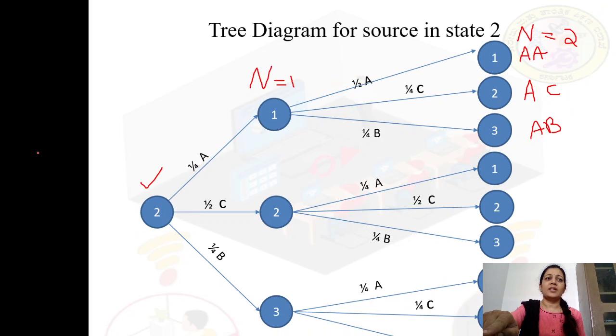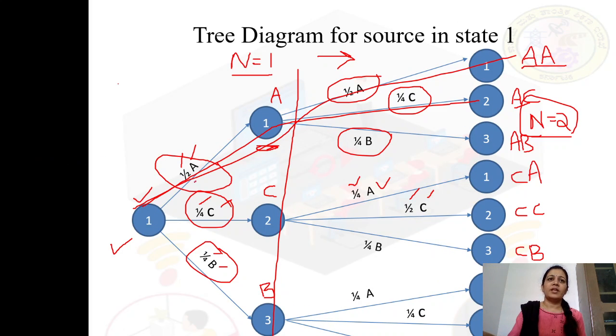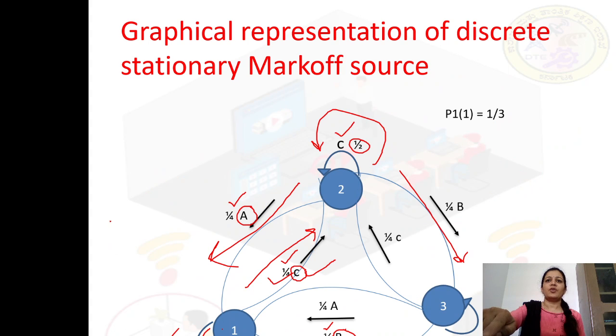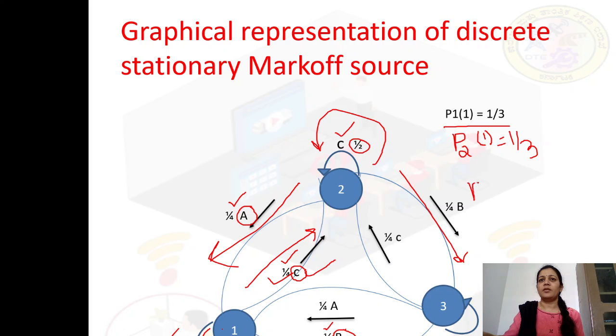One important thing in the tree diagram here is that we have written everywhere the transition probability and the symbols emitted. Along with that, we will require one more piece of information, that is nothing but the state probability. What is the probability that the source is in state 1? That is nothing but your state probability. If you can see here, P1 of 1 is equal to 1 by 3. Similarly, P2 of 1 is also equal to 1 by 3, and P3 of 1 is also equal to 1 by 3.